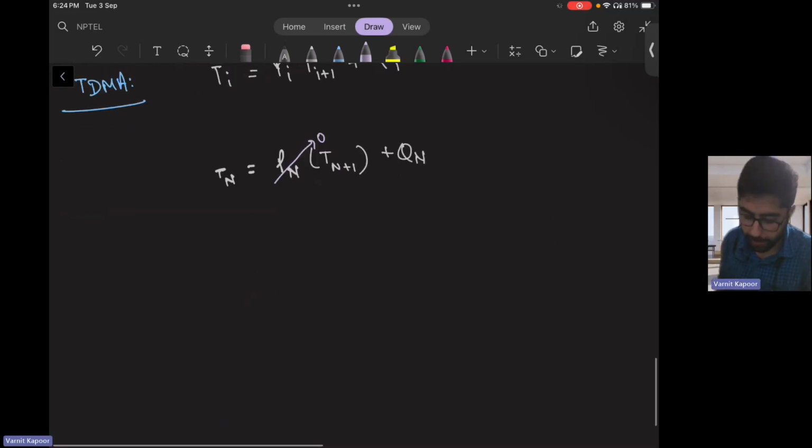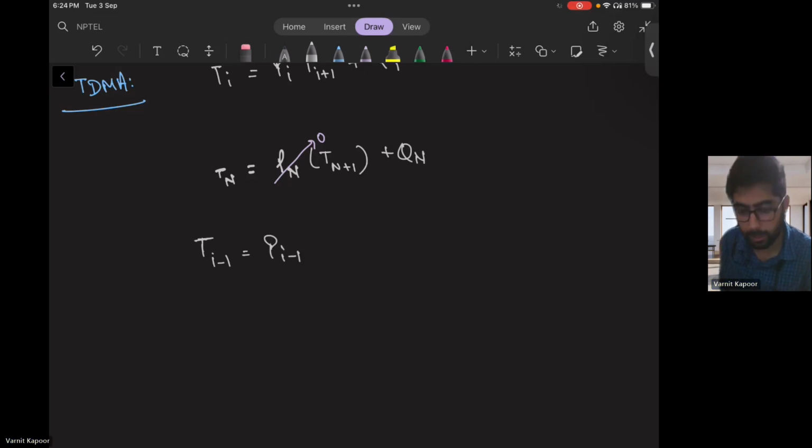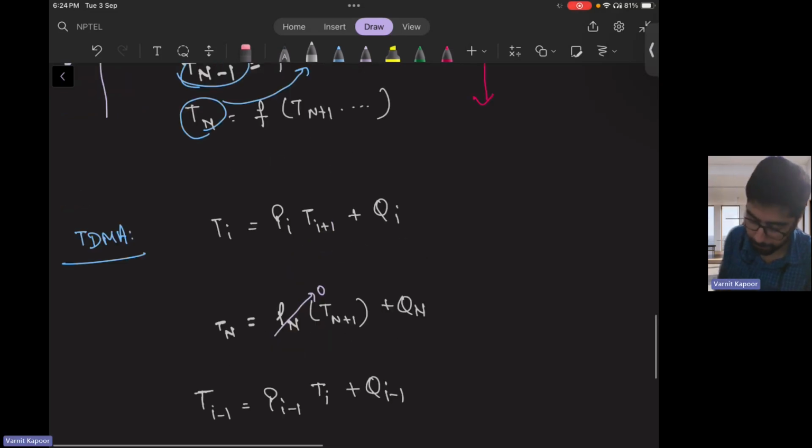So what does that mean? Suppose I want to write T of i minus 1. It is nothing but P of i minus 1 times T of i plus Q of i minus 1. Simple thing.